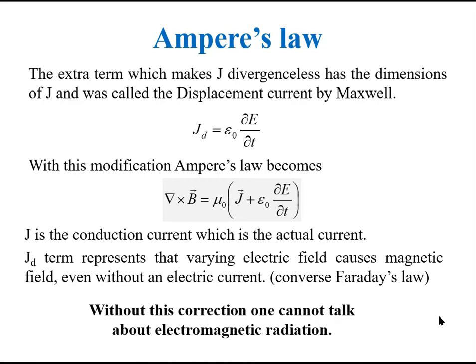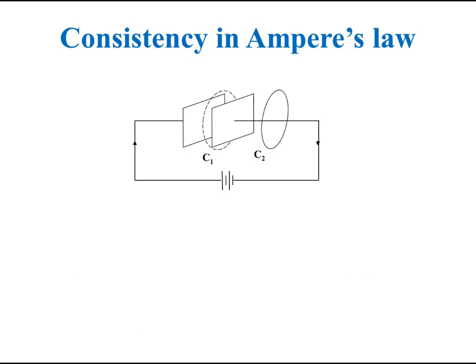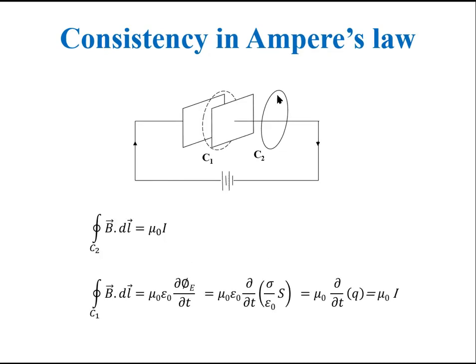Let us check how the modified Ampere's law is consistent with an electrical circuit having a capacitor. If it is correct, then the loops C1 and C2 must both give the same value of current or magnetic field induction B. So we can use this modified Ampere's law with loop C2, where there is no J_D, and this becomes the line integral of B equal to mu naught I, where I is the current drawn by the battery.